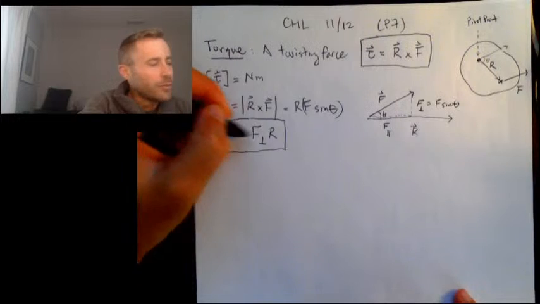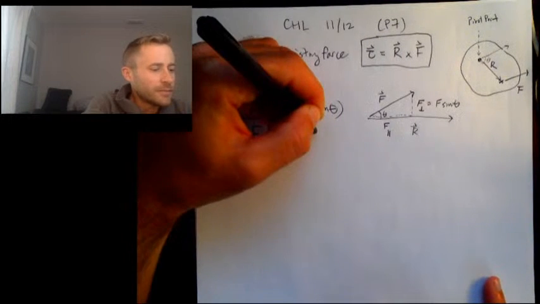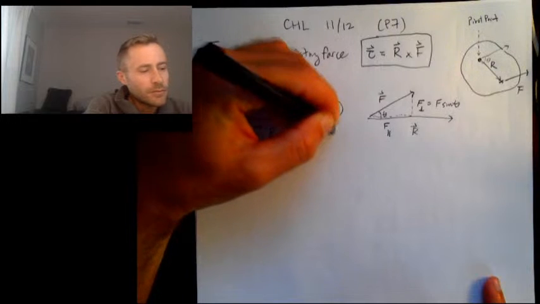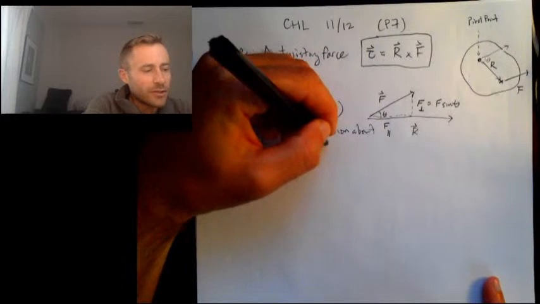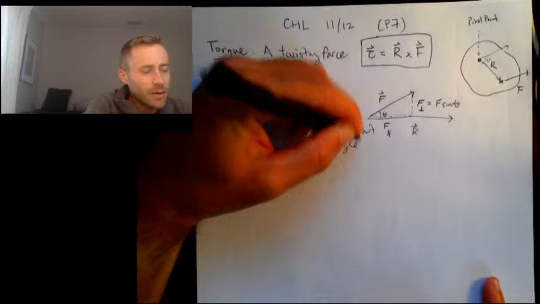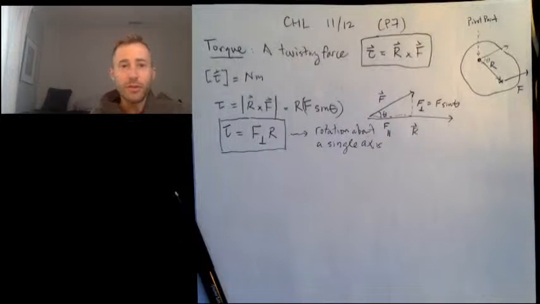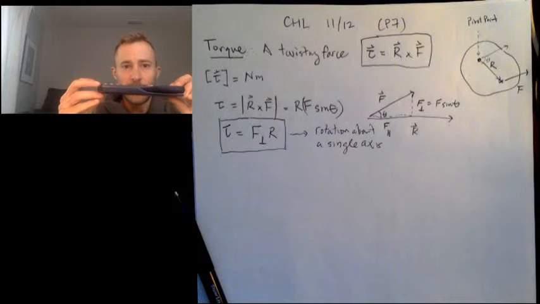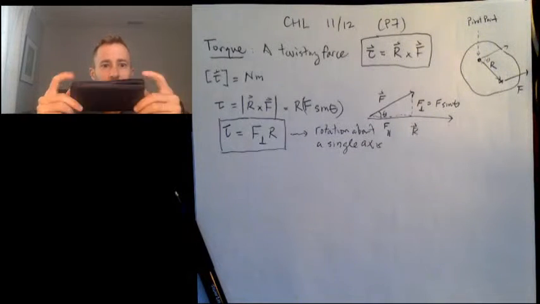And this is the formula you would want to use if you have rotation about a single axis. Okay? If you think about something that is truly three-dimensional, it can actually rotate about three independent axes. Like a calculator, it can rotate like this.